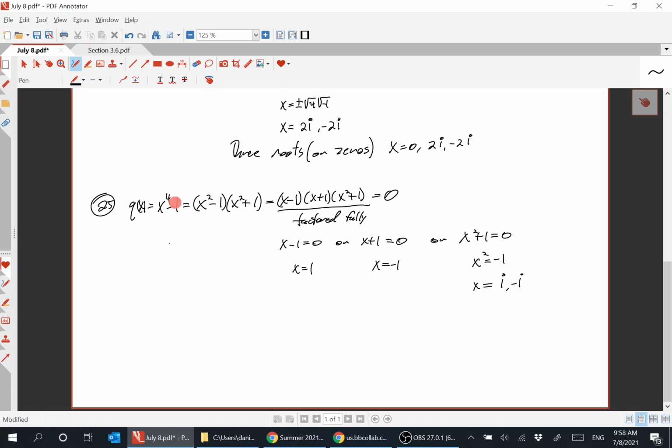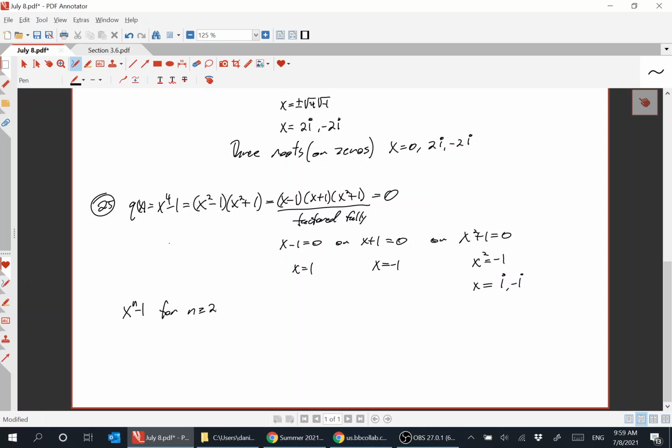And actually, this polynomial is very interesting. It's a specific example of the polynomial x to the n minus 1, for n bigger than or equal to 2 in this instance.